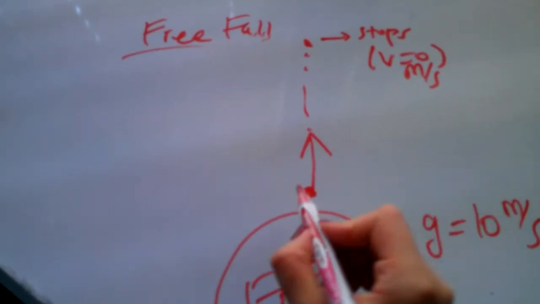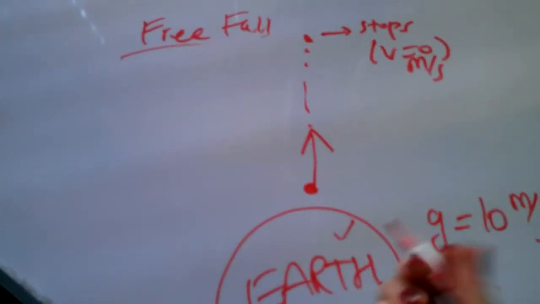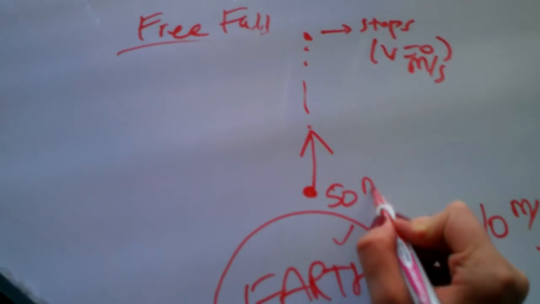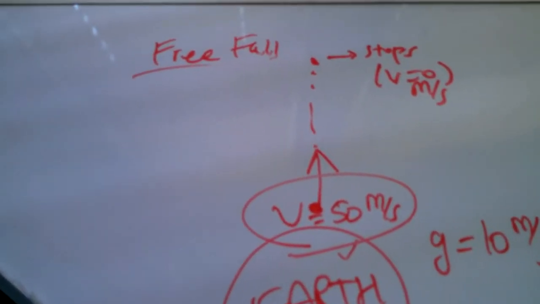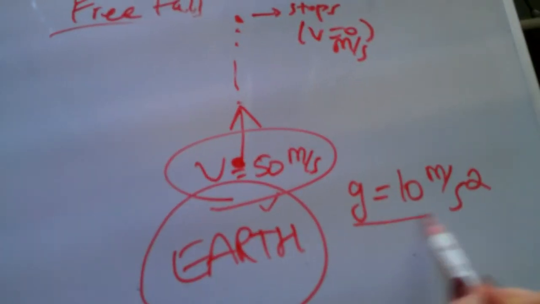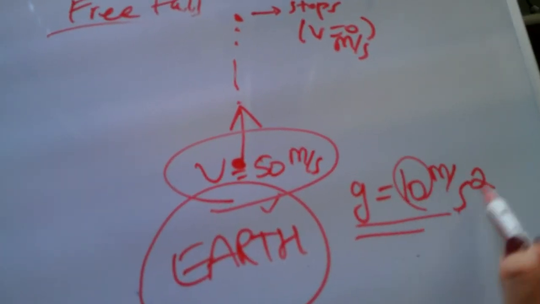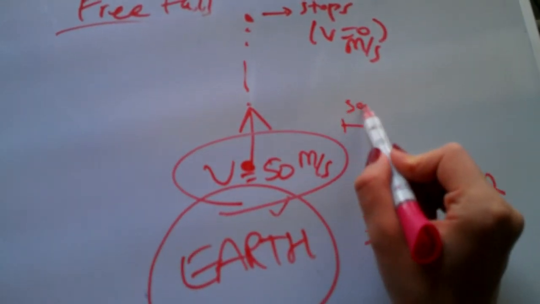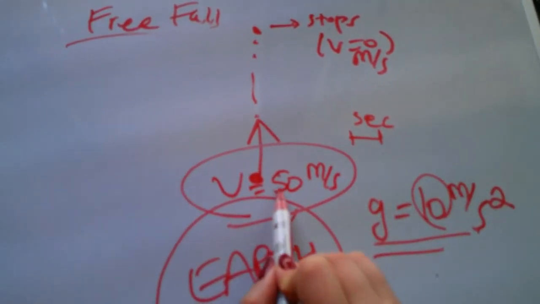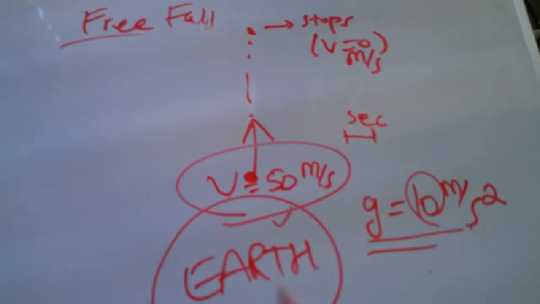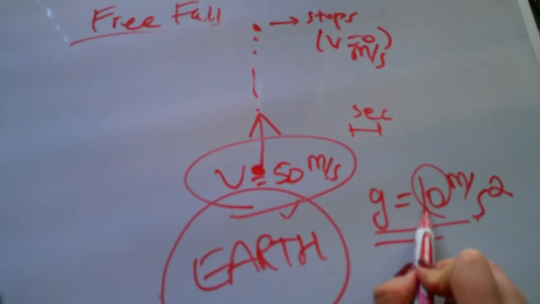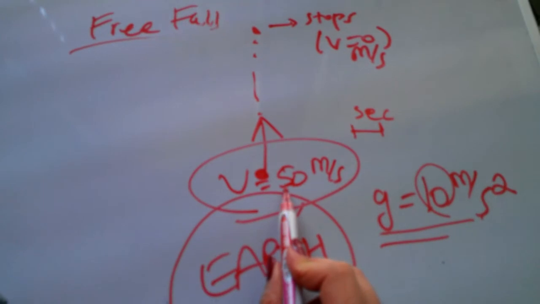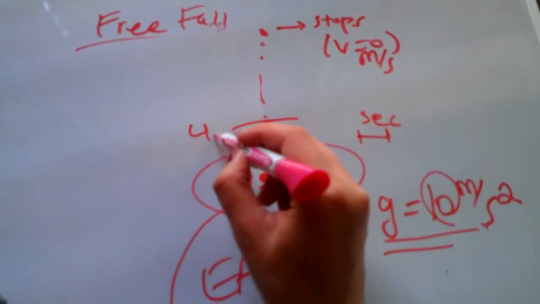Let's see. If I throw it up, if I give it some velocity, let's say 50 meters per second, then because of acceleration of 10 meters per second squared, in every single second the 50 meters per second gets decreased by 10 meters per second, which means after a second it becomes 40.